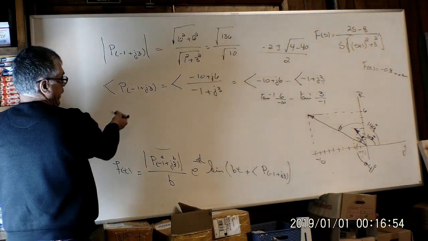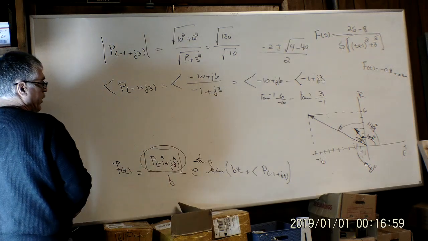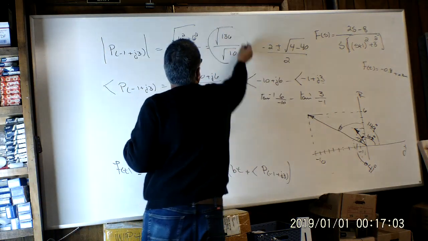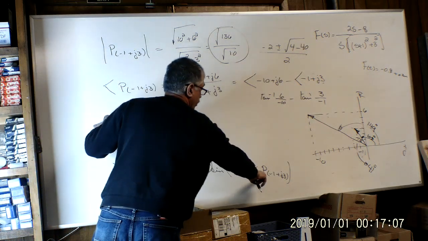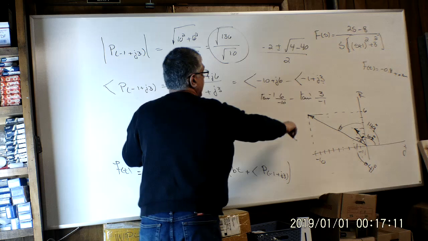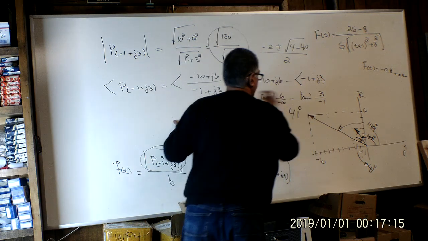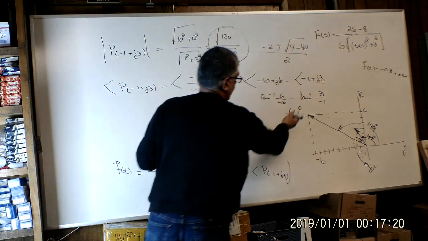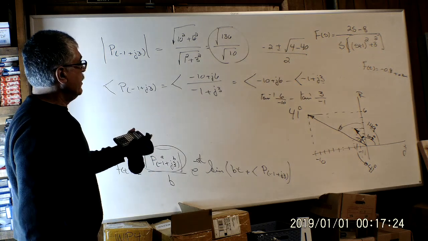So the magnitude of p minus 1 plus j3 is this, and the argument of p minus 1 plus j3 is 41 degrees. So let's go ahead.